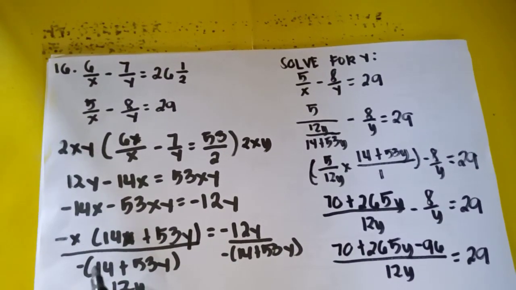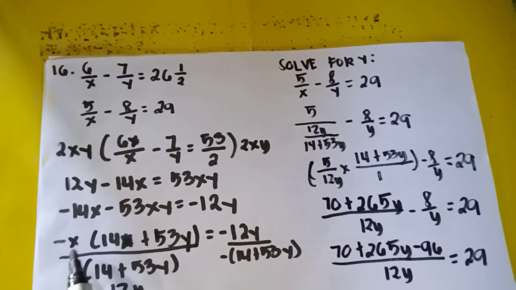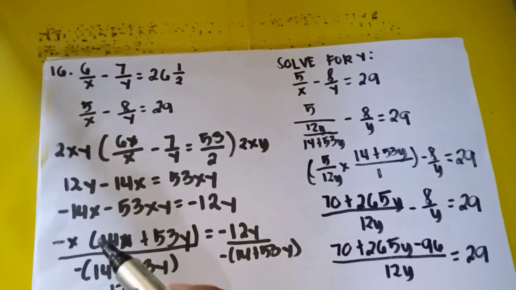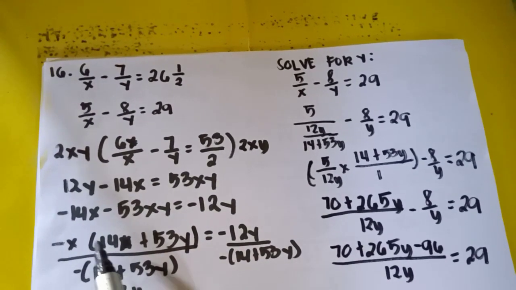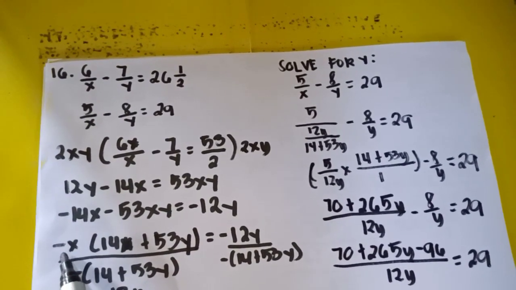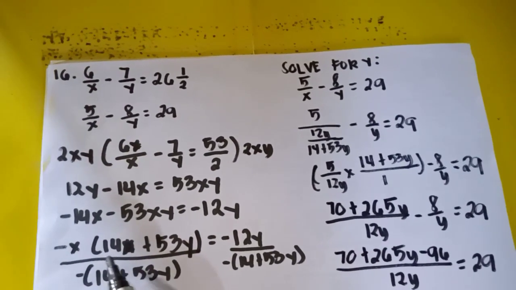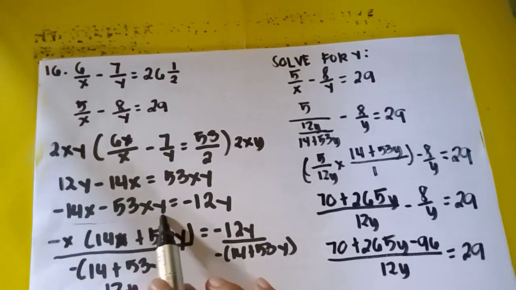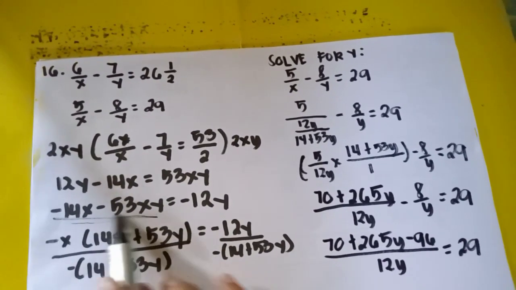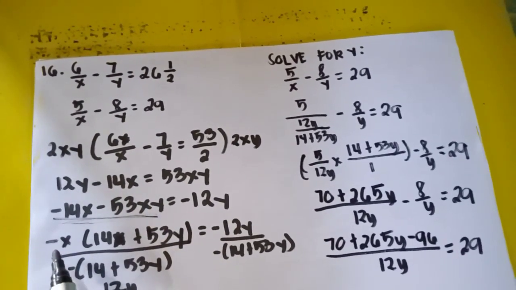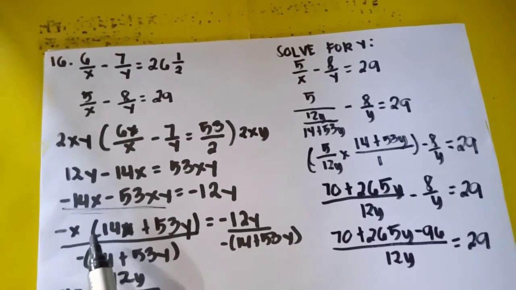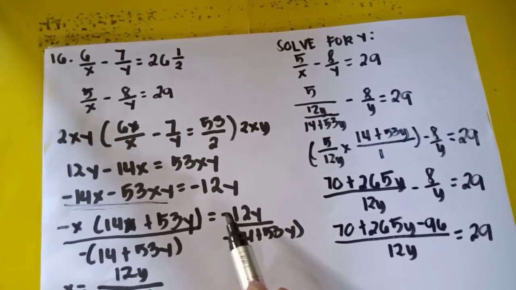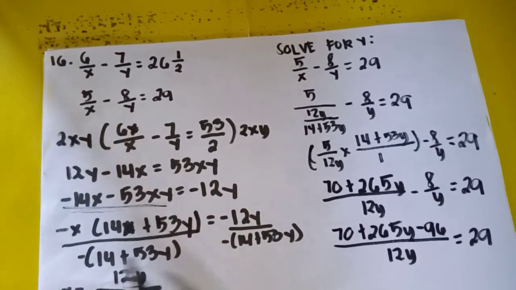And then now here we will have negative x times 14 plus 53y, it came from this equation. We factored out x, or negative x rather, equals negative 12y.